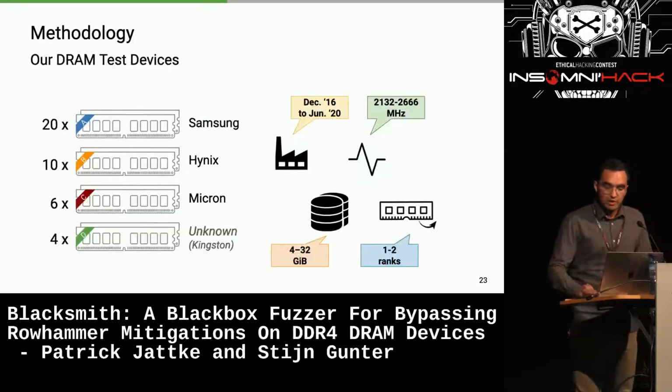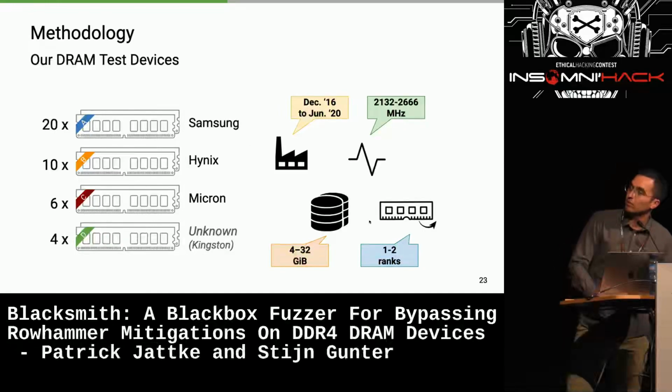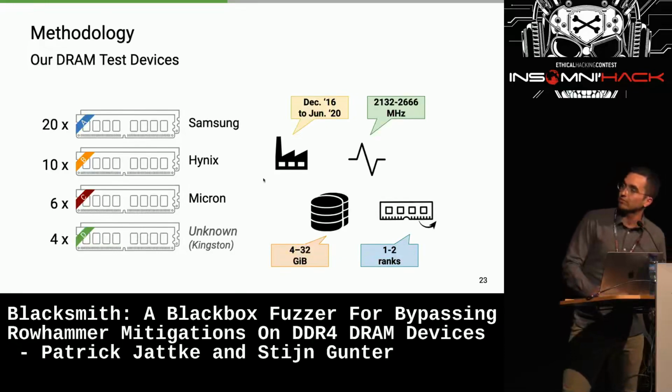And to evaluate how well this approach works, we bought some DDR4 devices, 40 in total. We tried to have a very diverse set of devices from different manufacturing dates with different frequencies, sizes, and also ranks, and from the three major DRAM manufacturers, Samsung, Hynix, and Micron.